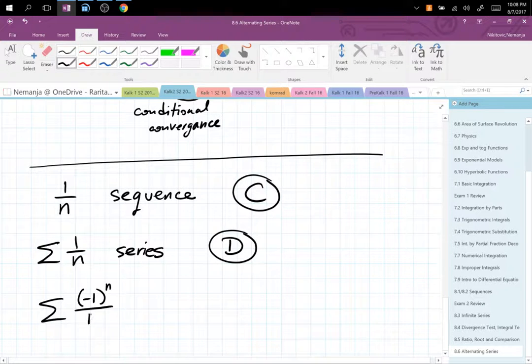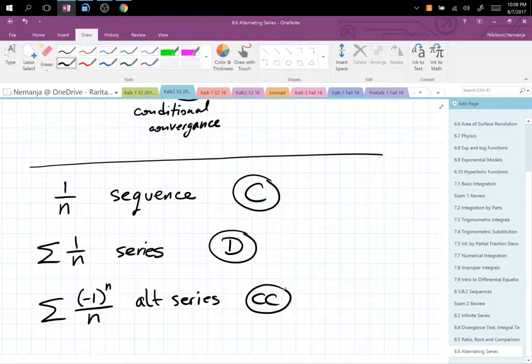The sum of (-1)^n over n is an alternating series. It's conditionally convergent. And here is something in this section where you really have to pay attention to the language, the exact problem, and what actually happens. Do we see 1 over n in every single one of these?